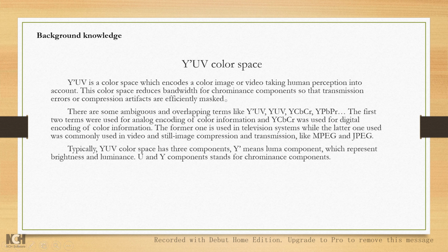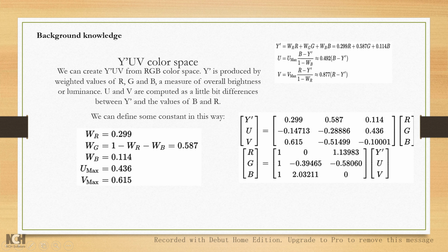So there are many terms which can be ambiguous, but what we want to know is just YUV. So actually it has 3 components. Y means luma component, which represents brightness and luminance, and U and V components stand for chrominance components.